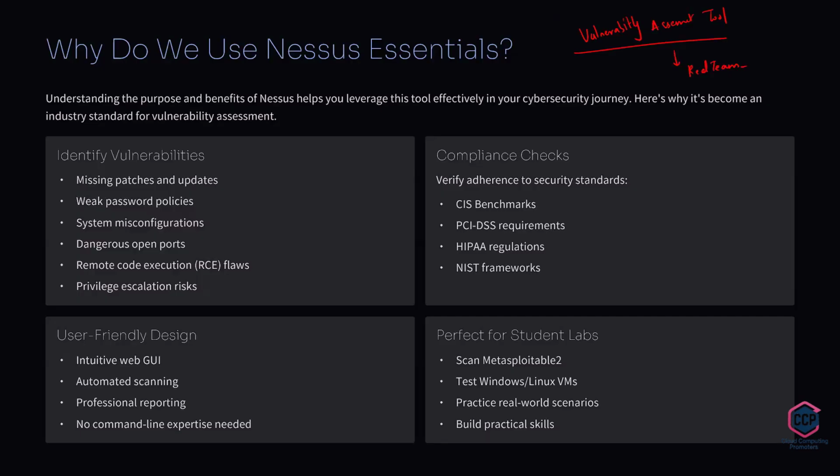Raman bhai, I have a doubt. Can we only scan our own system, or suppose I have your IP address, can I scan yours? Yes, but with this Nessus Essentials you can't scan my IP right now, because Nessus Essentials is only for private IPs within your network, and you can only scan up to 16. If I was within your network, you could have scanned my IP.